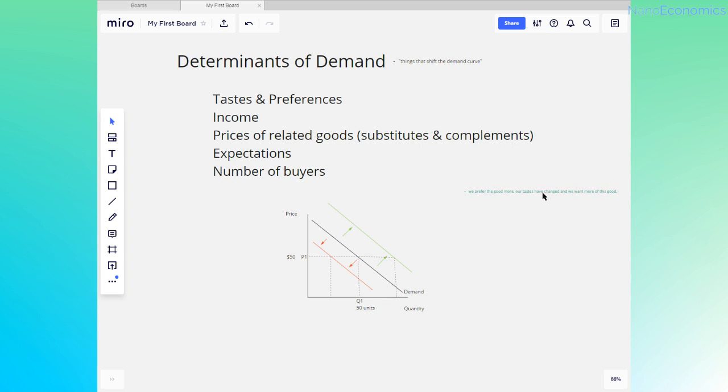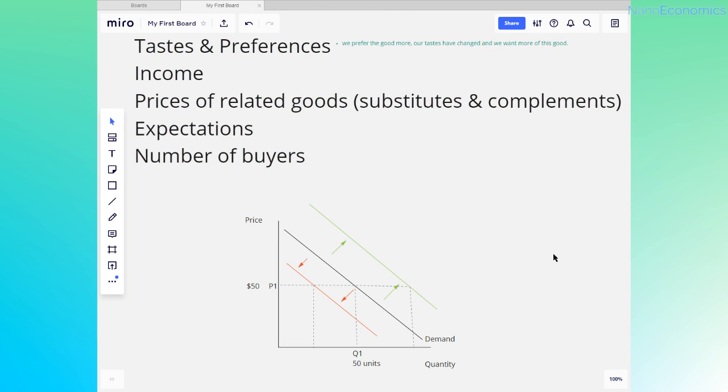So if we prefer the good more, our tastes have changed and we want more of the good. That would be an example of a situation where tastes or preferences improving would cause a rightward shift in the demand curve.